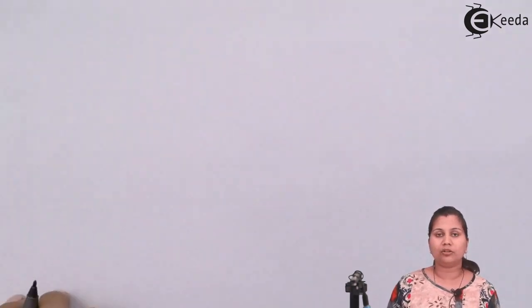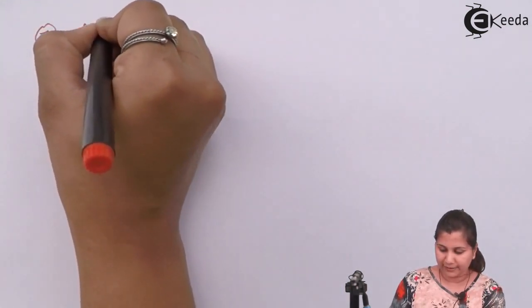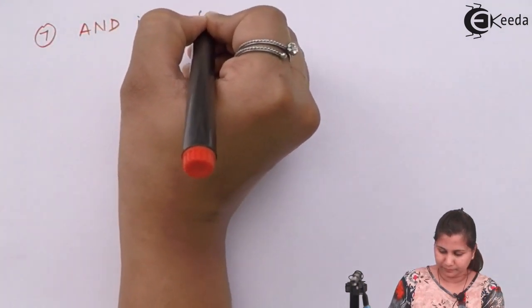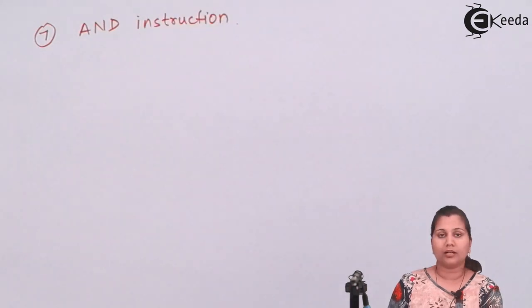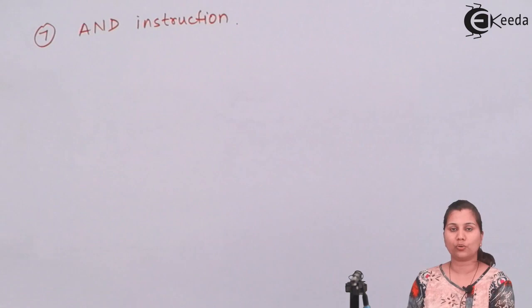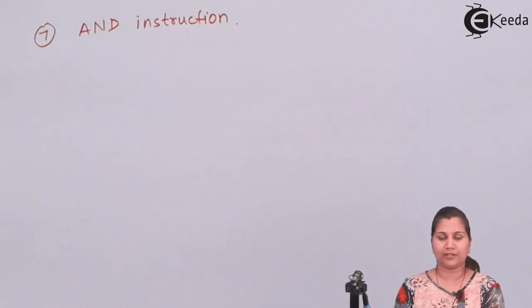Next we have the logical instructions like logical AND, OR, XOR, NOT. All these logical operations can also be performed through the 8086. First we have the AND instruction. This instruction is going to AND the contents of the source and the destination, and the result is stored in the destination.